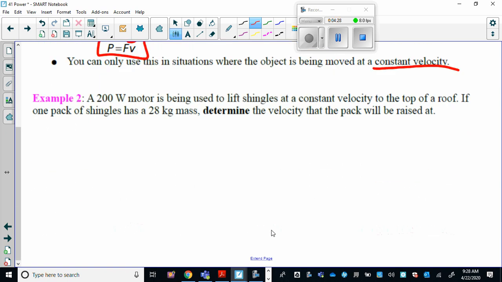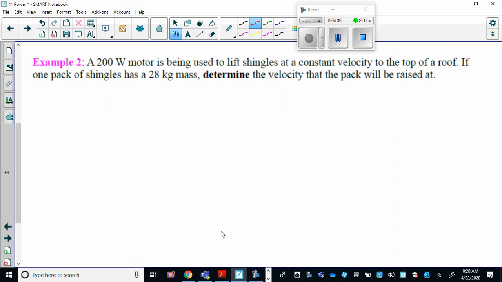So example number 2 is actually a little tricky. A 200-watt motor is being used to lift shingles at a constant velocity to the rooftop. If one pack of shingles has a 28 kilogram mass, determine the velocity that the pack will be raised. So you've got to think about this question in terms of, we've got a pack attached to some string here, and the string's pulling it up.